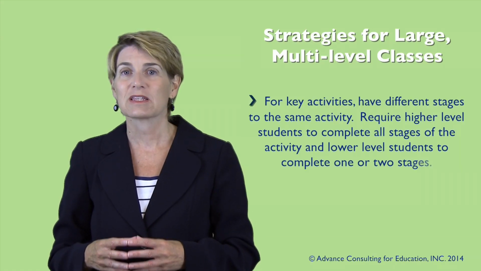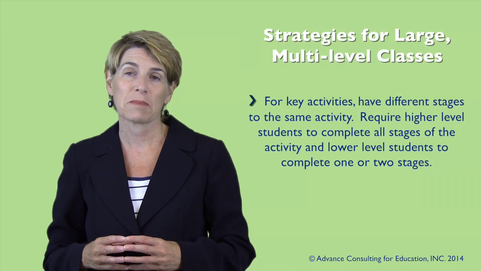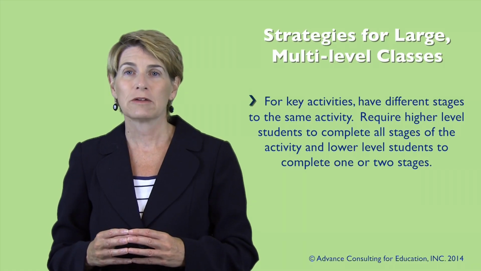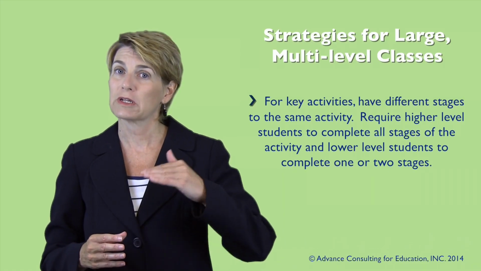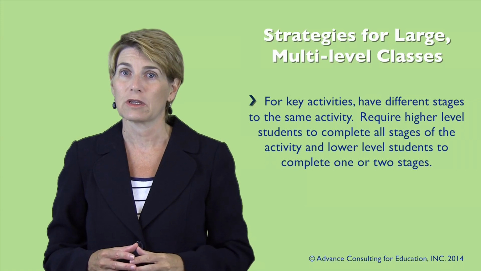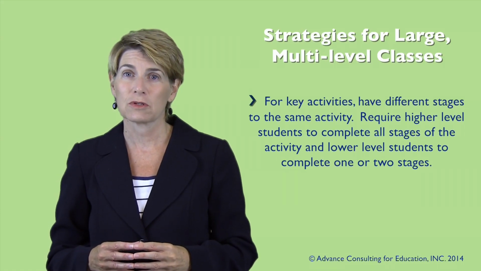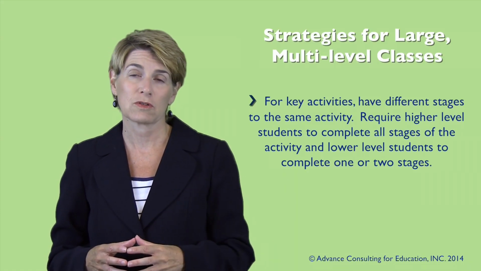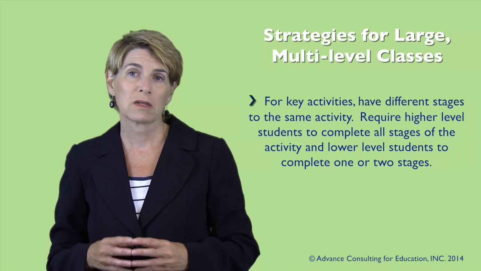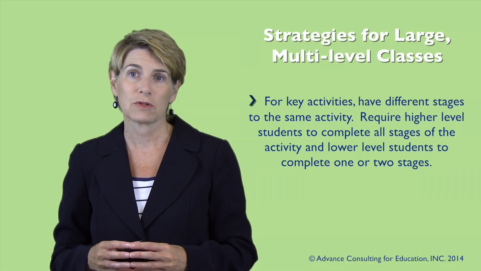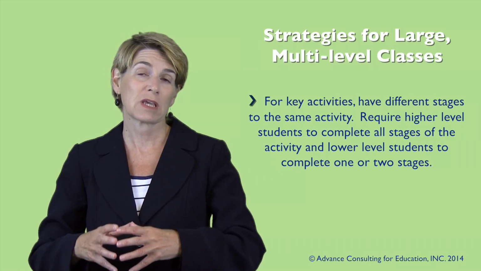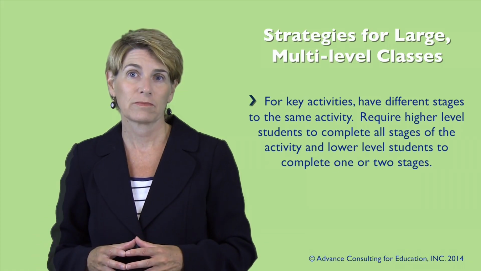For key activities, have different stages to the same activity. For your higher level students, require that they complete all of the stages in the activity. For your lower level students, just require 1 or 2 stages in the activity. So you're demanding more from your higher level students, but everyone's performing the same general task.